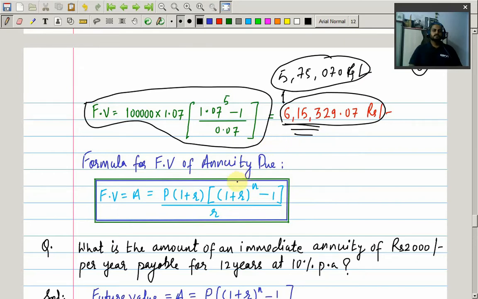So what's the formula for annuity due? For the future value of an annuity due, this is my P. This is my x. What is x? 1.07. And 1.07 comes from 1 plus 0.07, which is 1 plus r. So this is 1 plus r.